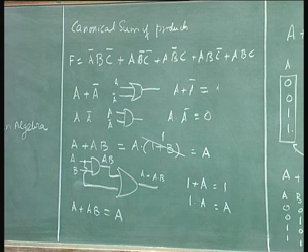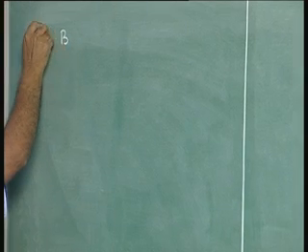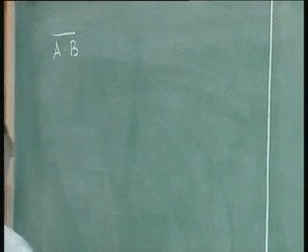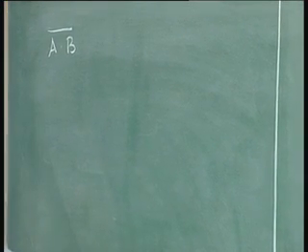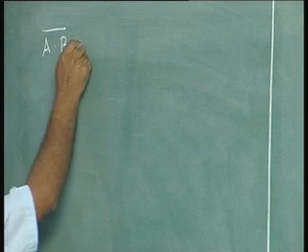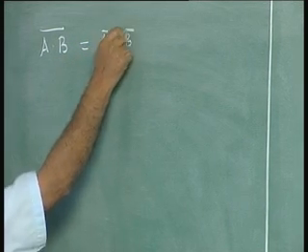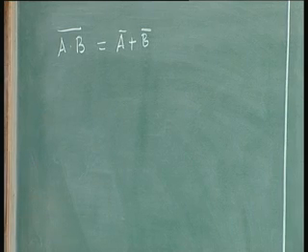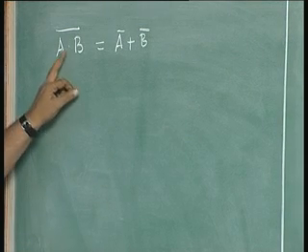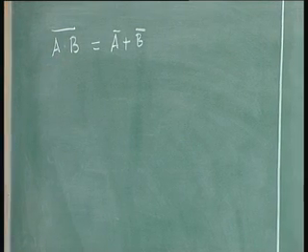Suppose I have an AND function and complement the overall, instead of complementing each term, it is the same as I convert each variable into its complement and convert the operation into its complement.